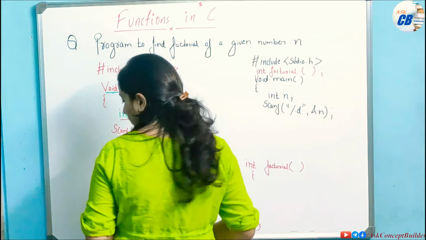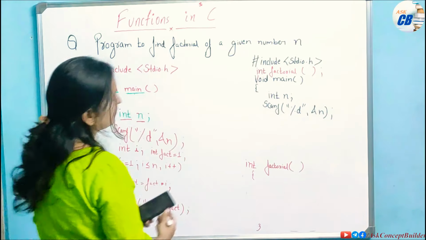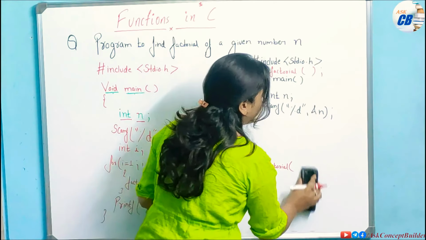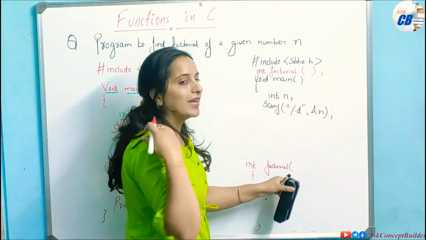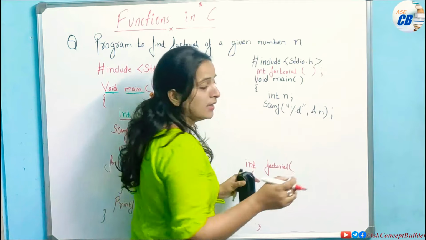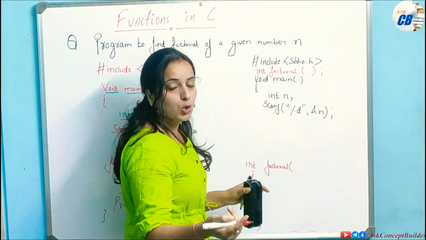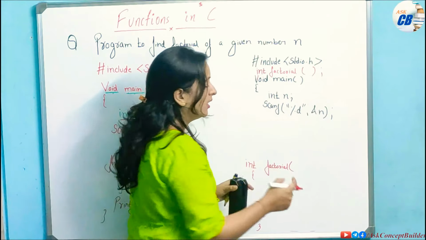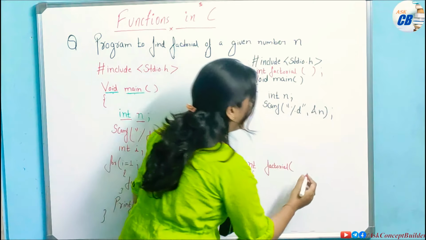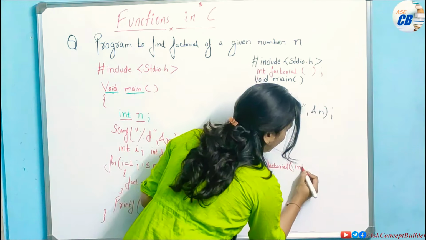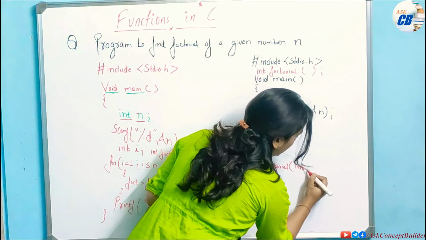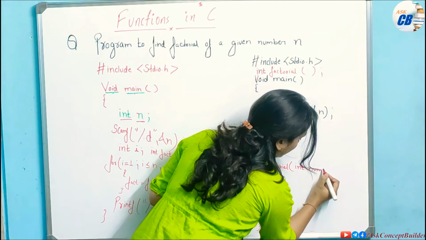Now see here, inside the parentheses of factorial, we pass the parameters. If we don't have any parameter, we simply keep it blank. But if we want to pass parameters to our function, we write them here. Because I want to find the factorial of a number, I will take one variable here, int number.